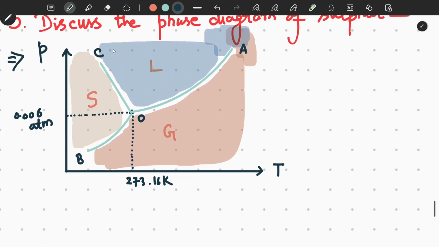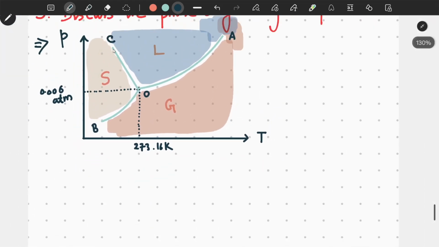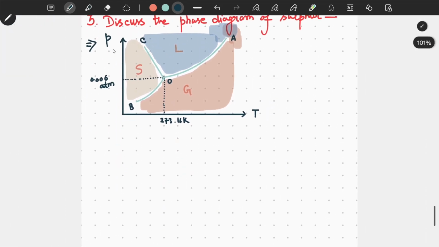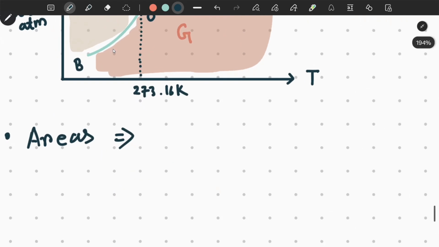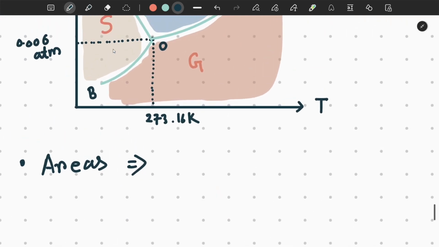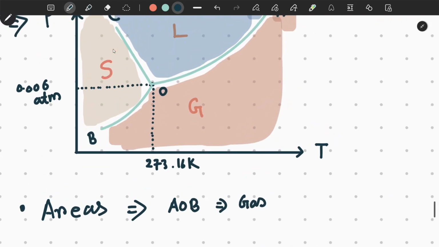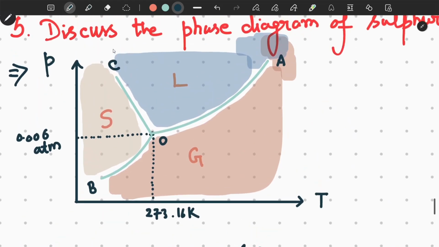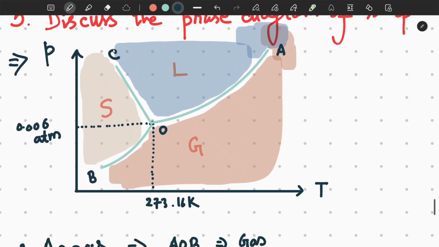So these areas, solid, liquid, and gas, what are the points in this phase diagram? First, how many important areas are there? Three. First is AOB, which is gas, the area under AOB.